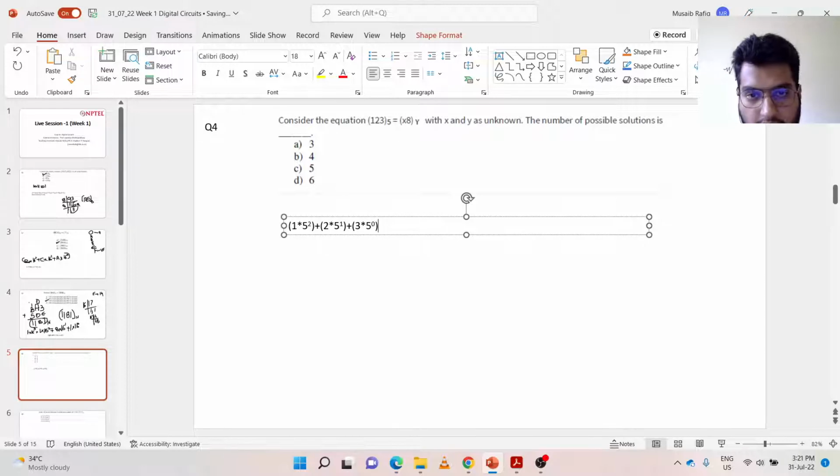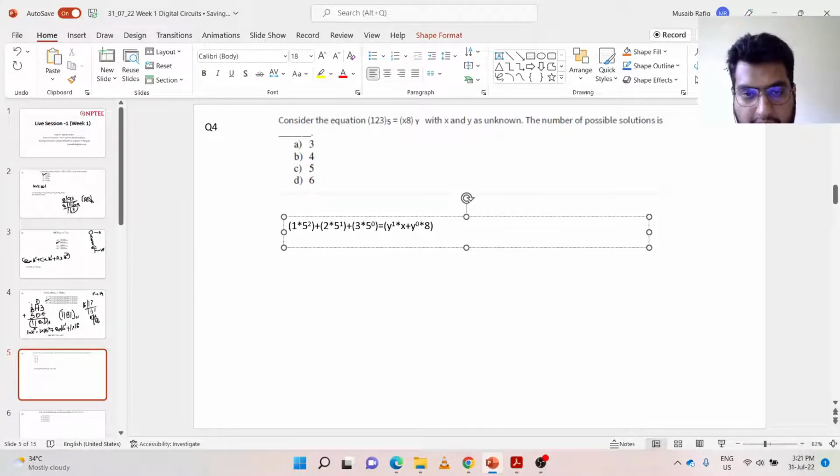So this is equal to the left hand side where the base is y to the power 1 multiplied by this position x is there, plus y to the power 0 multiplied by 8.